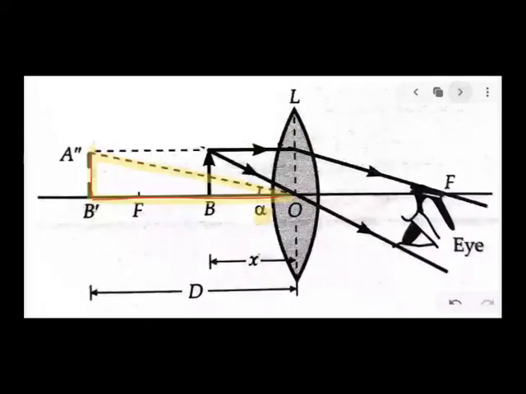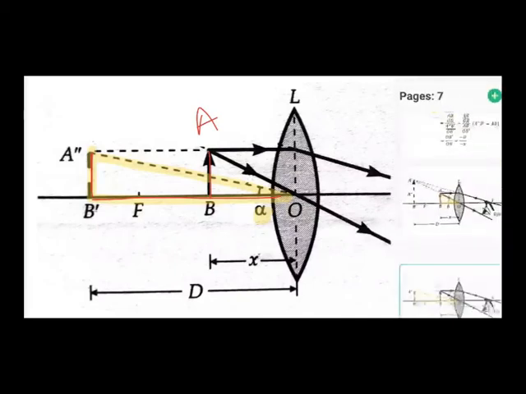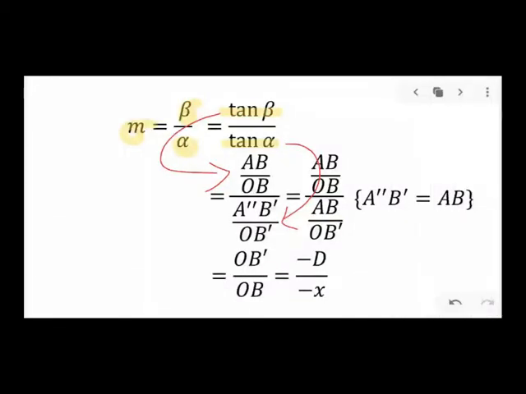Now, since your object AB and A double dash B double dash are the same object, they have the same height. If they have the same height, then I can write A double dash B double dash equals AB.